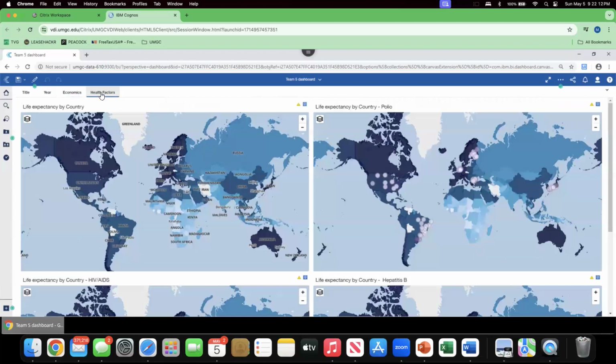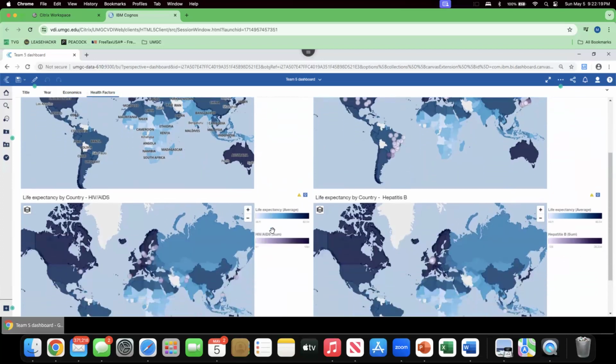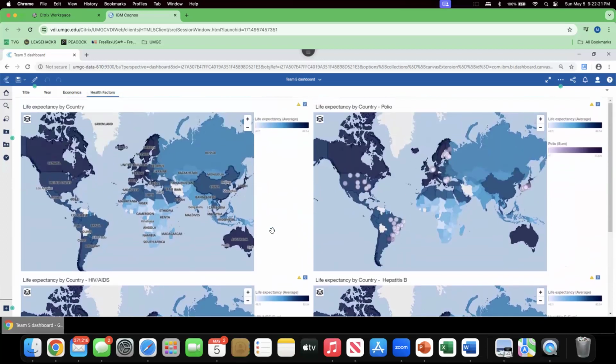Once we get to the third, what we're trying to show here is the map feature, that is pretty cool, that we can put together for each of these different slides. The first one goes life expectancy by country. The darker the hue of blue, the higher on the scale.